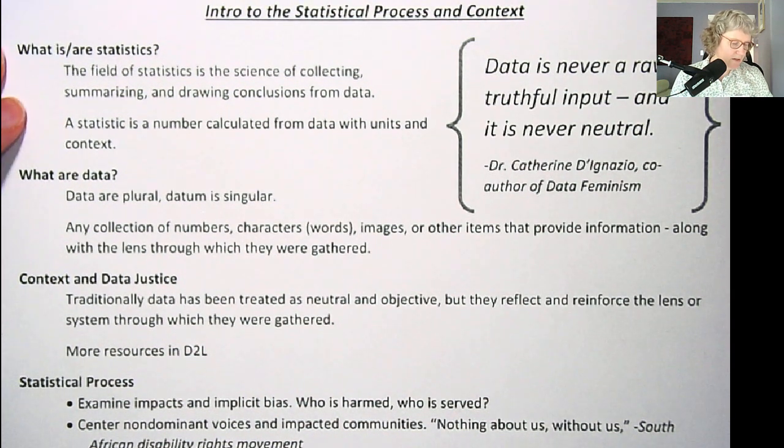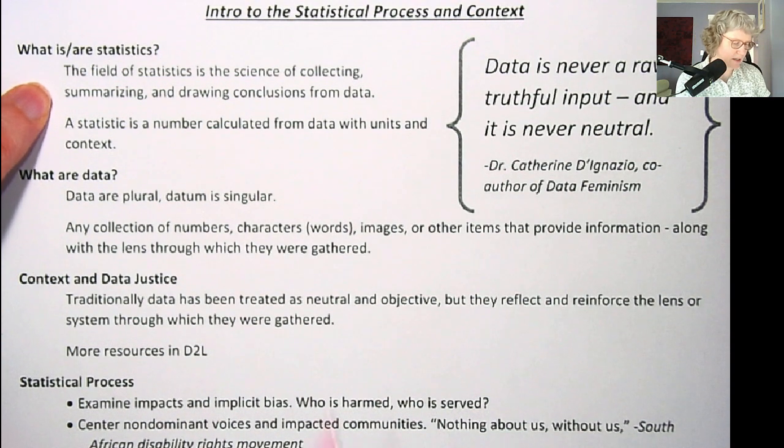So first question is, what is or what are statistics? Statistics can mean two different things depending on the context. If you're talking about statistics as a class or statistics as a field, the field of statistics is the science of collecting, summarizing, and drawing conclusions from data.